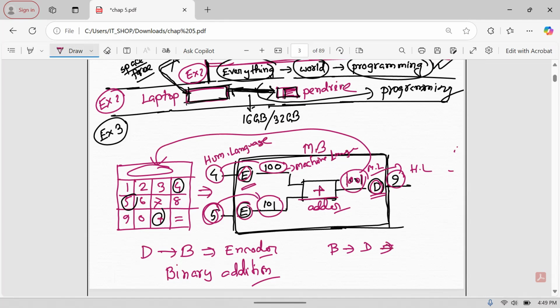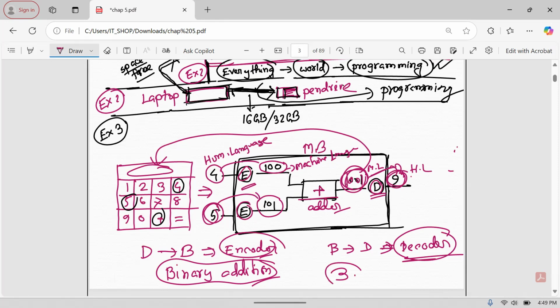For that purpose, I use a device called the decoder. The device which converts machine language to human language is called the decoder. All those terms basically refer to chapter 3, and these are all board questions.